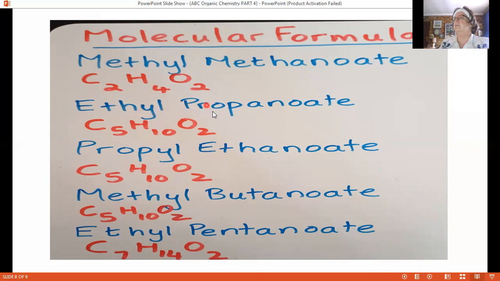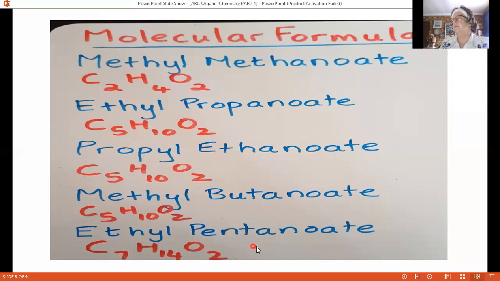So 2 plus 3 is 5. The same here, prop is 3. Eth is 2. So 3 plus 2 is 5. The same here, meth is 1. But is 4. So 1 plus 4 is 5. Here, eth is 2. Pent is 5. So 2 plus 5 is 7.